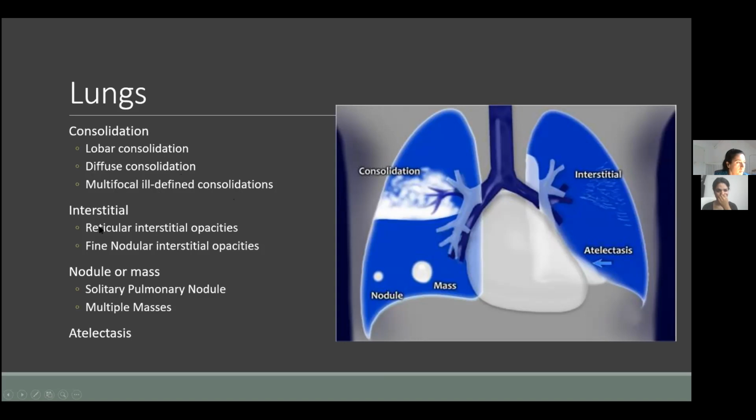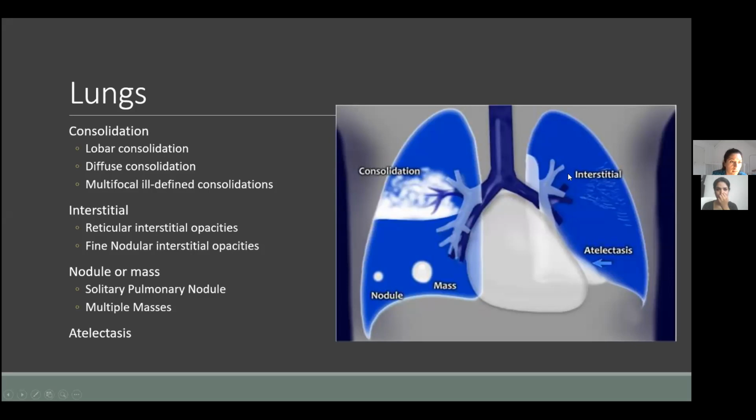In case of interstitial densities, you have reticular patterns and fine nodular patterns, mostly looked for in interstitial lung disease, but also in some cases of pneumonia, which I will get to later on. In nodules or masses, you have solitary or multiple masses, and atelectasis is a collapsed lung, as you can see on this picture.